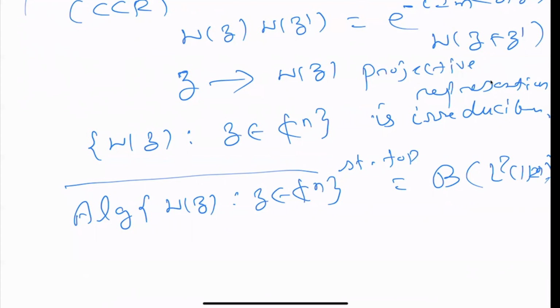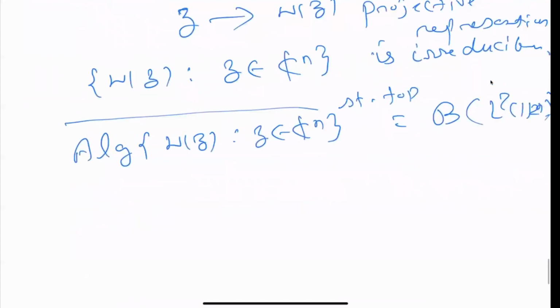This is equivalent to saying what? Strong topology is pointwise convergence. Irreducibility means there is no invariant subspace. So this is an irreducible factor.